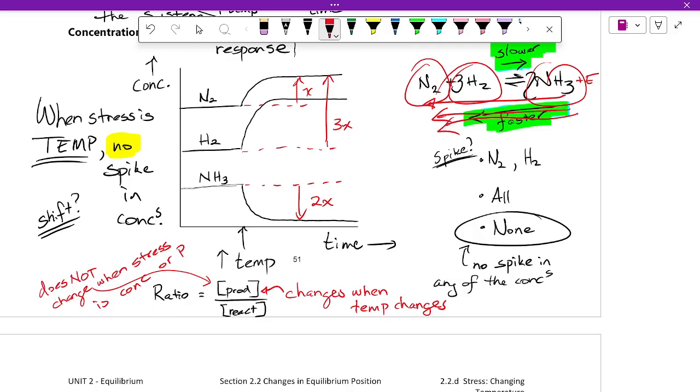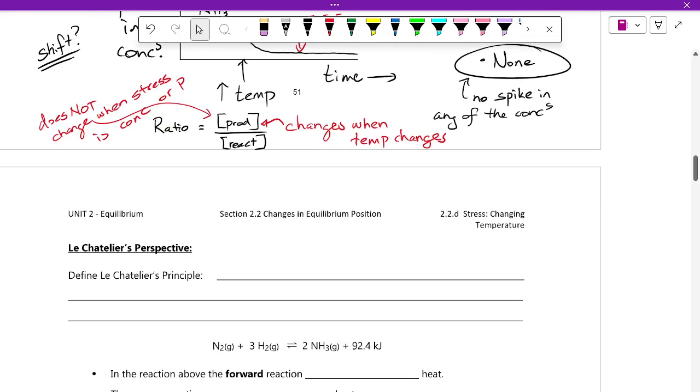All right. Le Chatelier's perspective. First of all, it's been a whole weekend. Define Le Chatelier's principle.